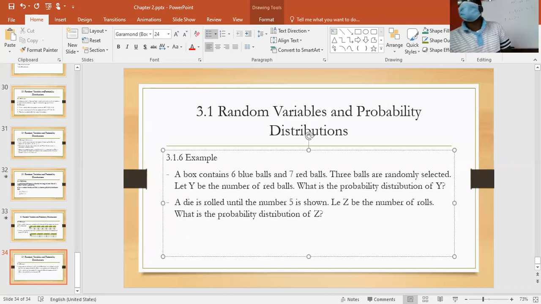A die is rolled until you get number 5. Z is the number of rolls. So when Z equals 1, it means what? One roll, you get 5. If you roll a die, what's the probability that you get 5?